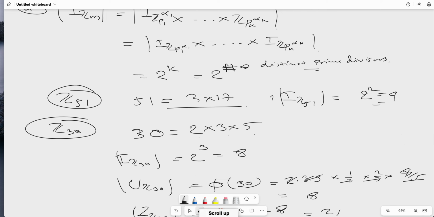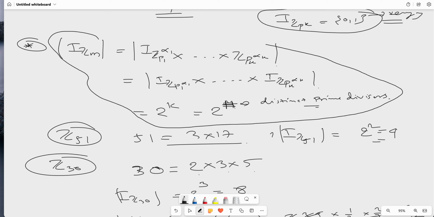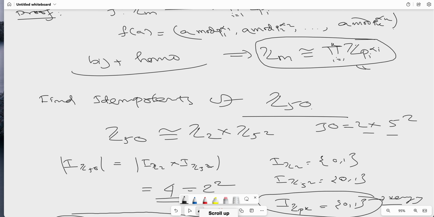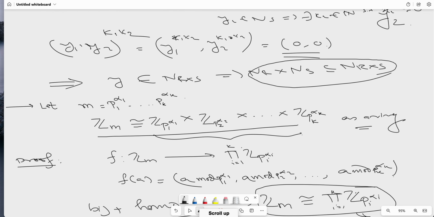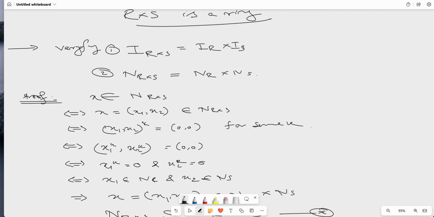So that is why this statement is very useful: 2 to the power the number of prime divisors, because I of Zm you can write as I of Z p1 to the power alpha 1 cross dot dot dot. I have proved this for 2 here.